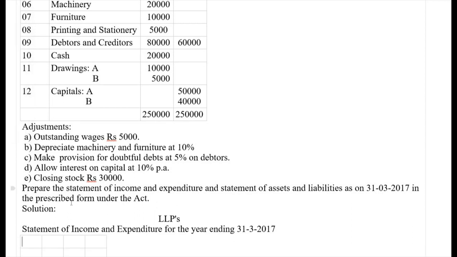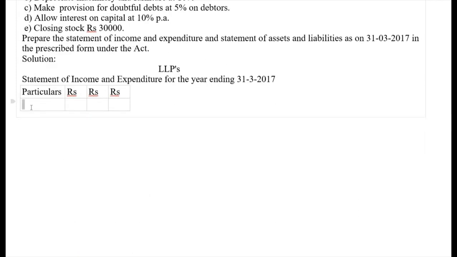So here particulars, rupees. So now let us go one by one here. So the first one here we should take incomes. So under this we have got sales. So there's only one here. So directly we can take it to the last column. The sales are amounted to rupees 1 lakh here.